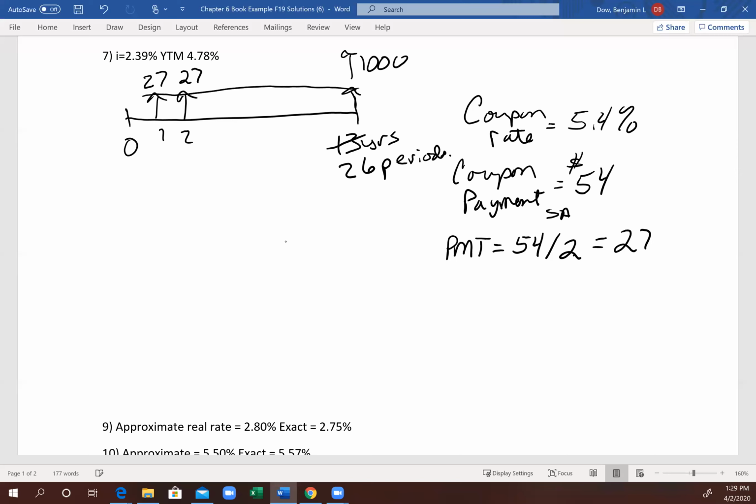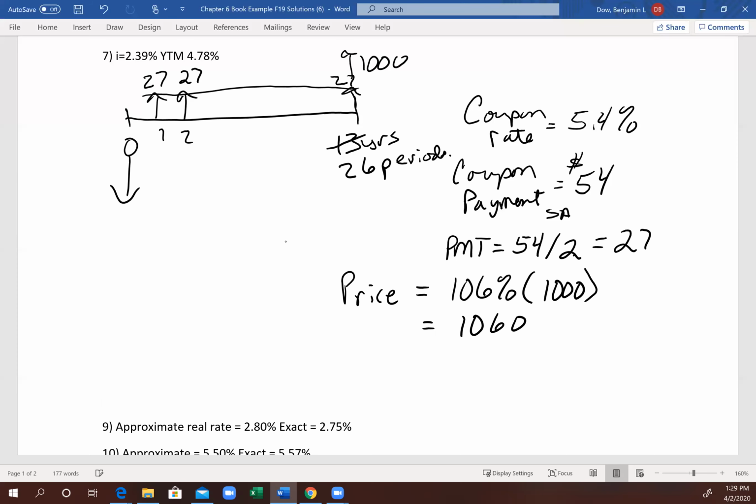So now that we've got the payments, the question they're asking is if these bonds sell for 106% of their face value, it means they're selling for $1,060. So now what we have, present value, negative 1,060, because that's what we're giving up.